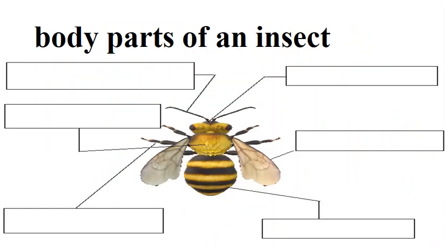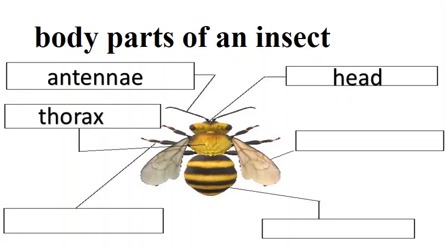Okay, now first we are going to discuss some body parts of an insect which make them different from other invertebrates. Antenna. Insects are those invertebrates which have antenna, a proper head, thorax, wing.